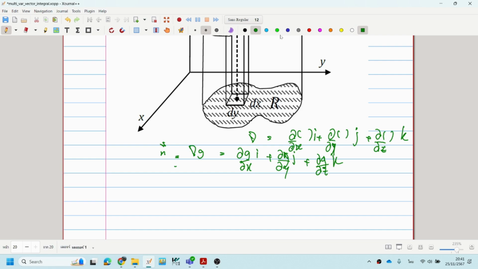It's not just that it has; we call it the magnitude of del G, divided by the magnitude of del G. And I will rewrite del G on the next slide.